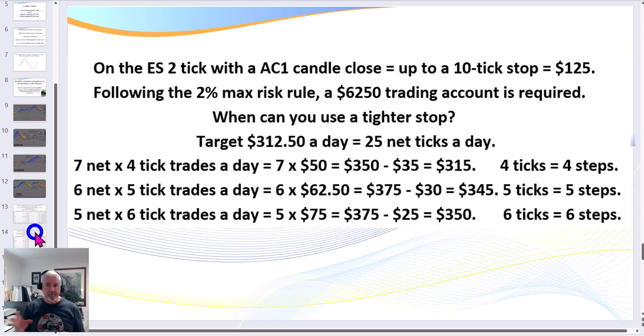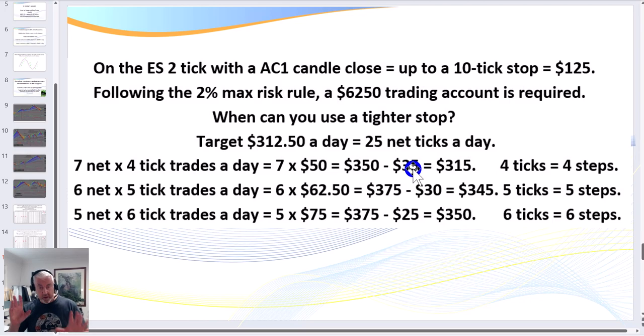So we're scalping, in and out, in and out. Typically to hit this target of $300, you need 5 net trades after any losses, and you're going to be there. Now some traders love going for 4 ticks, but they're going to need to trade a greater number of trades.